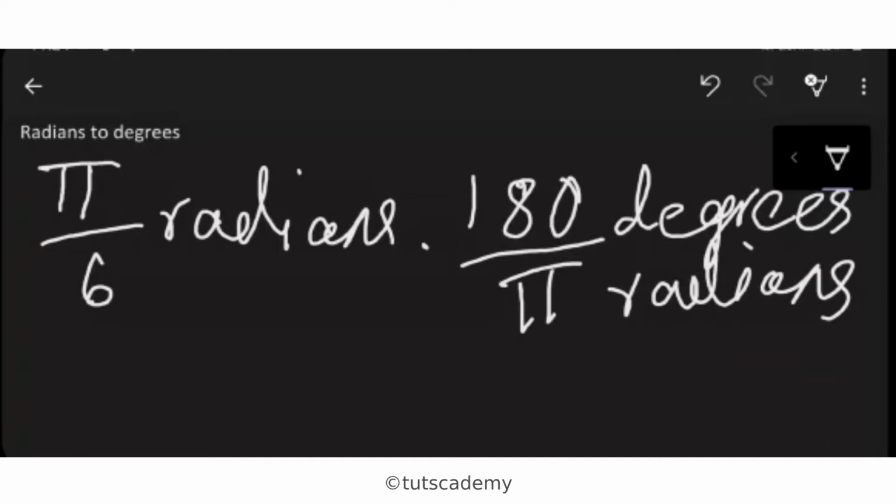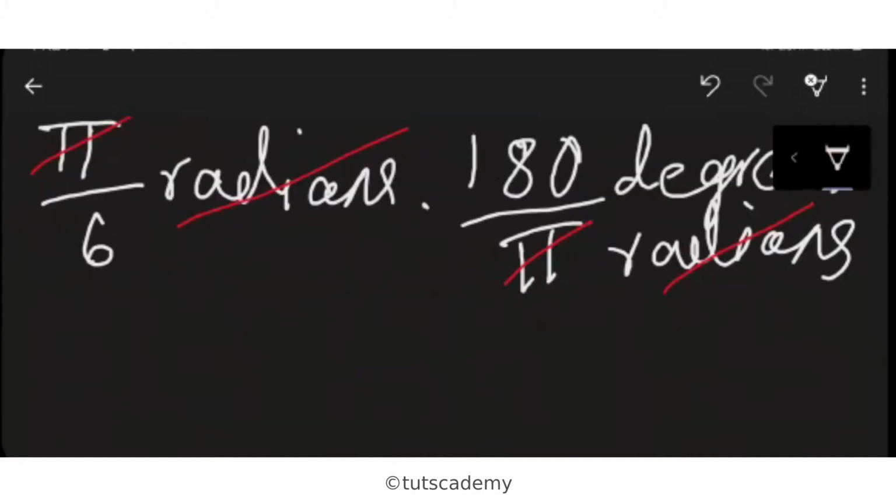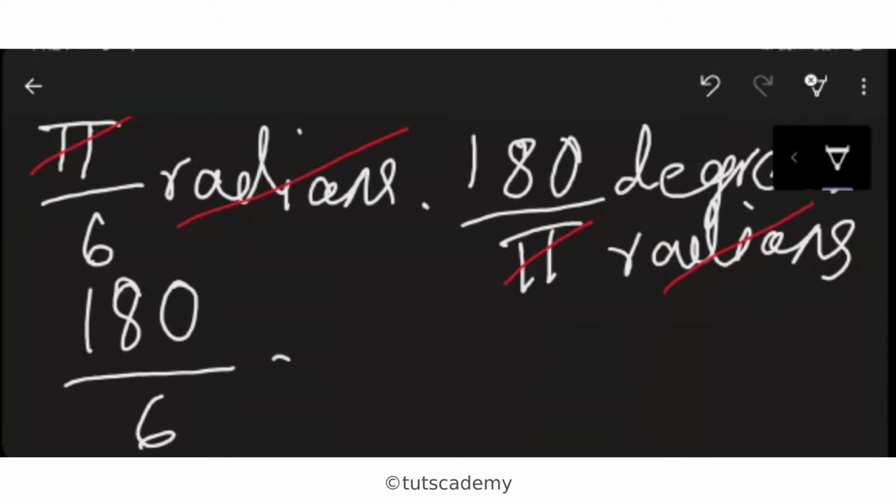As you can see, we can cancel out the pi's and the radians. Let me just use another color for that so that it won't be that confusing. So we can cancel out the pi and we can also cancel out the radians. So we will be left with 180 over 6 degrees.